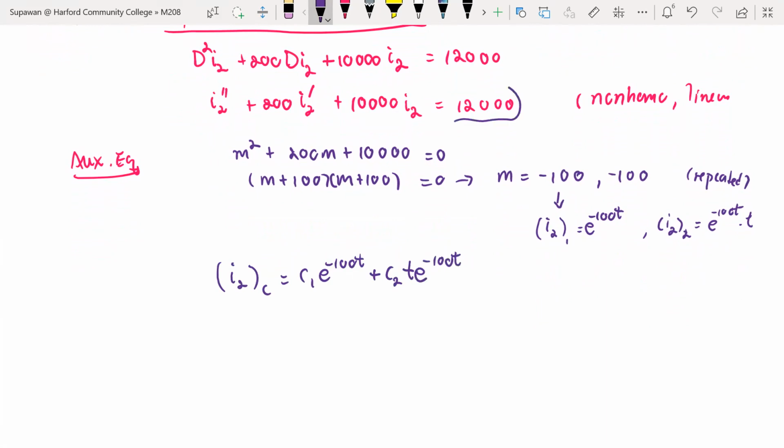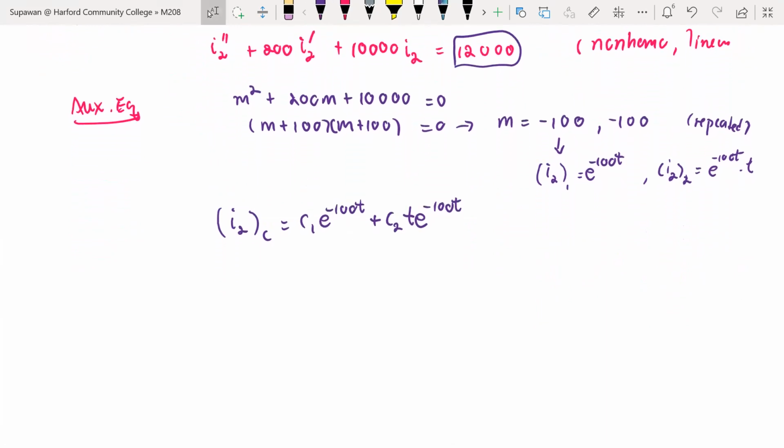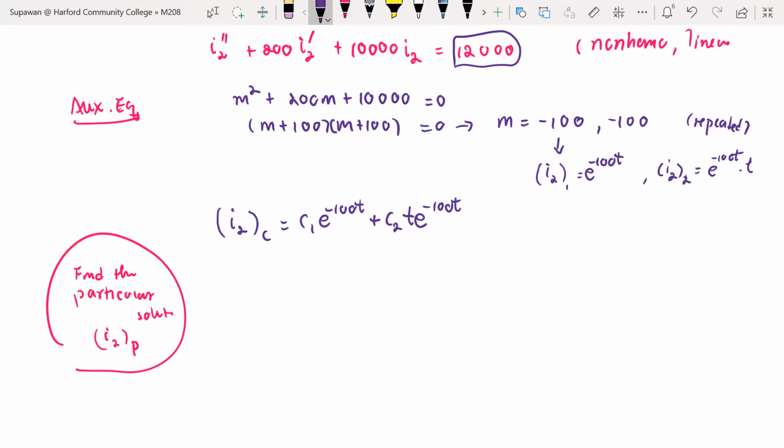And since this is non-homogeneous, we're going to find a particular solution for the current I2, which is I2 subscript P, with the pattern of the function g on the right-hand side.